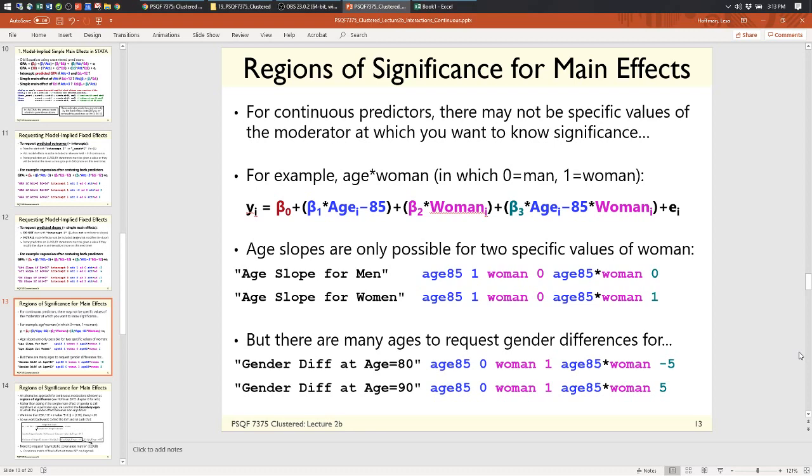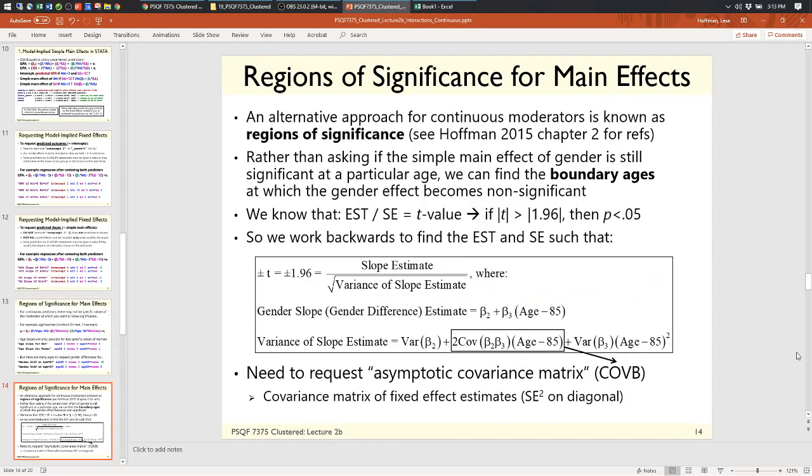So it's taking this idea and turning it on its head. I have an Excel sheet that does this. I wrote a SAS program that does this. If we know from our t-test whether or not a slope is significant, we can rearrange the formula to figure out what slope we need to get a significant t.